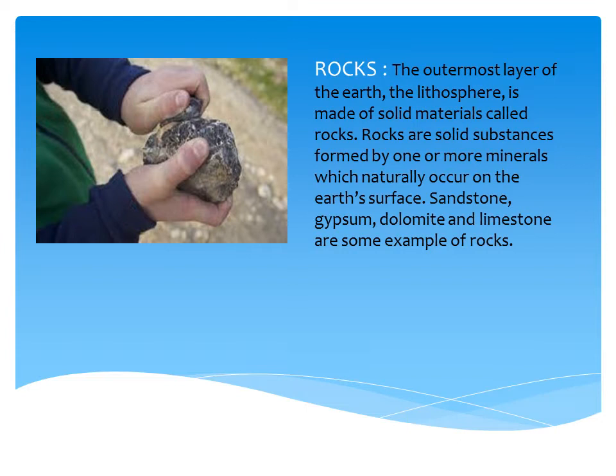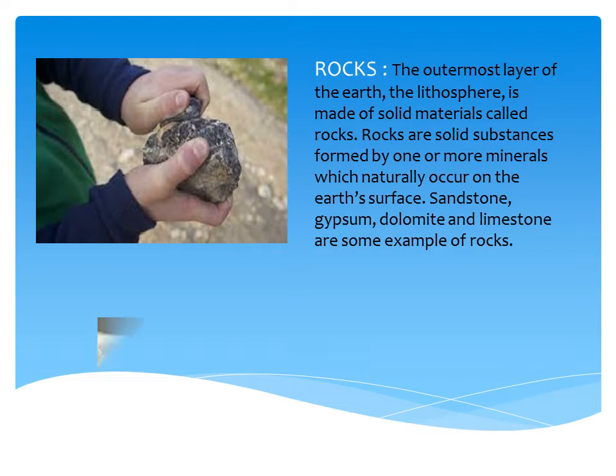The outermost layer of the earth, the lithosphere, is made of solid materials called rocks. Rocks are solid substances formed by one or more minerals which naturally occur on the earth's surface.